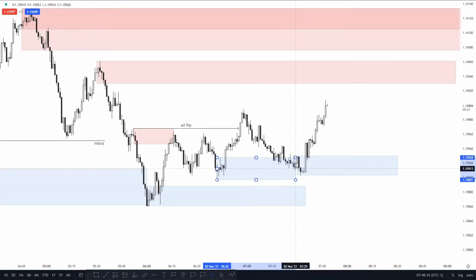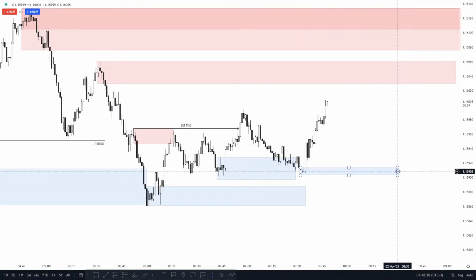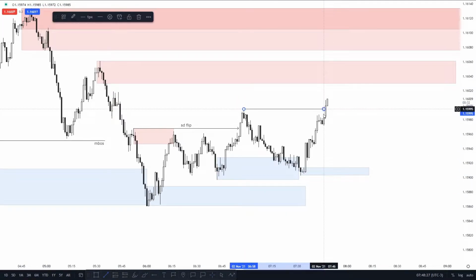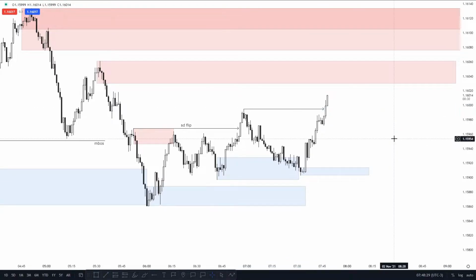And we can now go for the continuation trade, which will be here. So based on the 5 minute, we can't really trade this because everything confirmed structure, right? But based on the 1 minute, that's different.